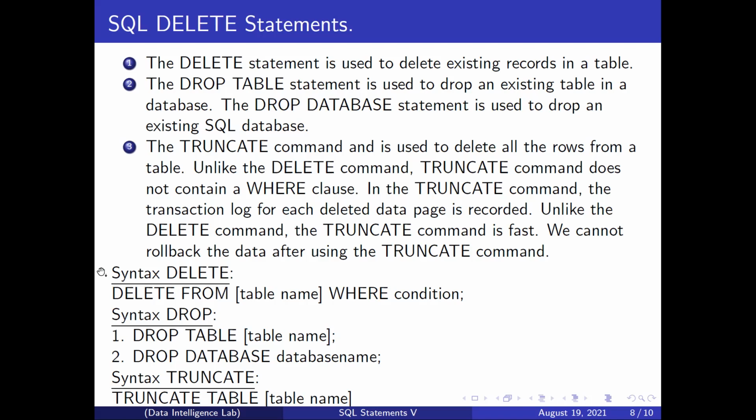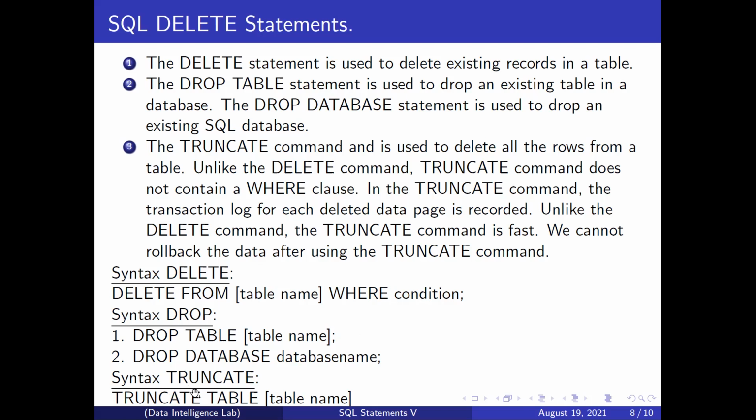And these are the syntaxes for them. For the delete command, you simply use delete from table name. Same thing too with truncate, because they both work on a table: truncate table, then table name. For the delete command, you can specify a where condition, meaning that using the delete command, you can delete some part of your records and leave some part.